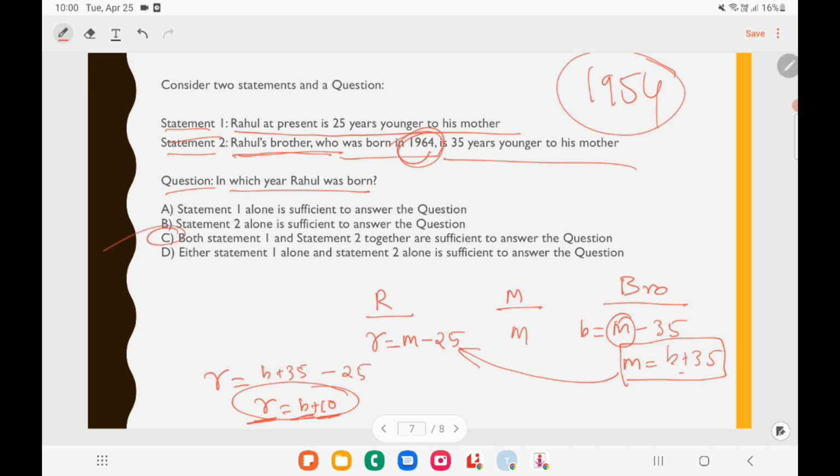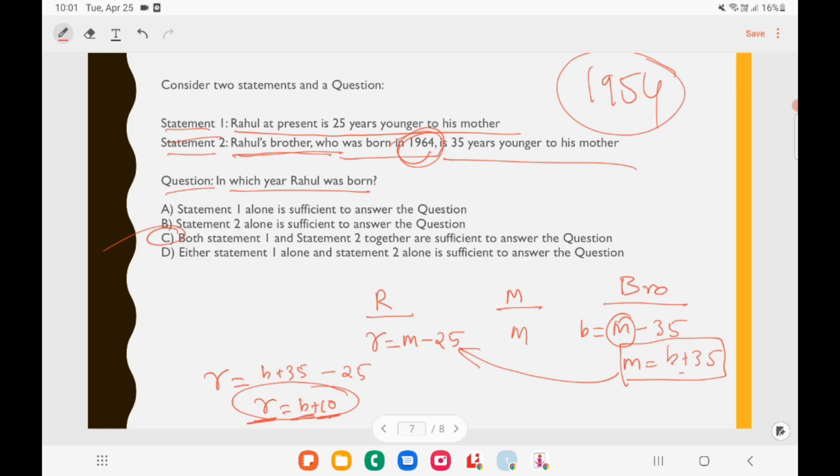So in this way, what we have learned so far is that if you are getting a statement based question, then just look into those statements. Then by solving with the equations, you can find out the answer. And I also told that in case of this kind of question, you don't need to actually find out the answer. Okay, there is no need. You just need to check whether you are able to find out the answer.